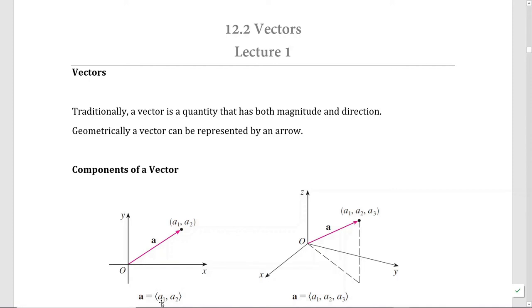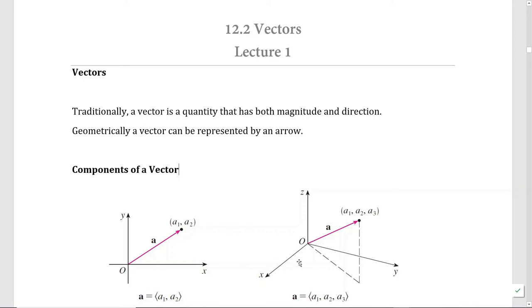We say a1 is the first component of the vector A, and a2 is the second component of the vector A. So in the case of a point, we say they are coordinates. In the case of a vector, we say these are components.